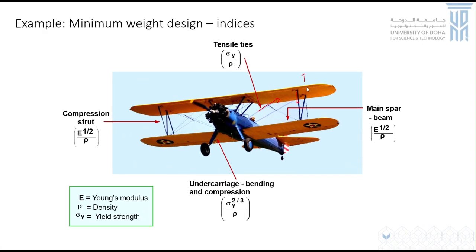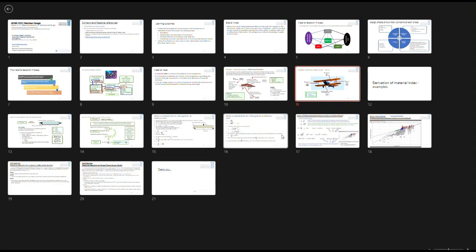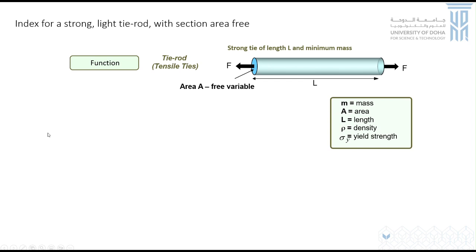But we still have an option to have different areas, don't we? Of course it has to be reasonable. It can't be bigger than the wing size. It has to be within reason, but the area is a free variable, essentially within a range. So area in this case is free.